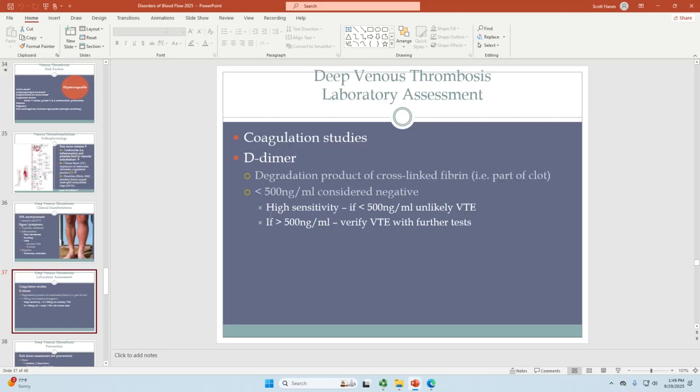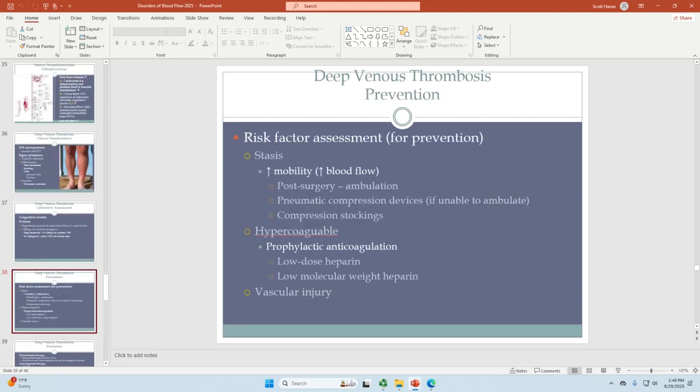Doesn't mean that it is necessarily a DVT, but if the clinical situation says you probably have a DVT and you have a positive D-dimer, then that's probably a good correlate, right? If it's negative, it's pretty sensitive in that you probably don't have a clot. You should look for some other sort of etiology, okay? So D-dimer can be very effective in deciding where to go and what level of intensity of investigation you need.